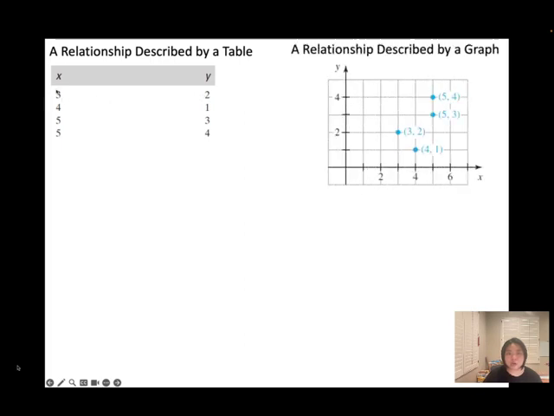And then we could describe it by a graph. We have a first coordinate 3, 2 here. Second one 4, 1. And then 5, 3, and then 5, 4. So the x will be my domain, the possible values of x, and the y will be the range, the possible values of y here.